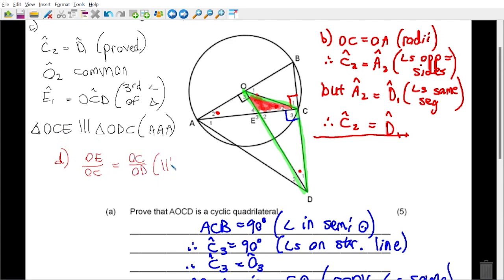And the reason I can do that is I've got similar triangles. Okay, now if I cross multiply here, in other words, if I've got two fractions equal, the top of this one times the bottom of that one equals the top of that one times the bottom of that one, I get that OC squared equals OE·OD. And that's what I was asked to prove.